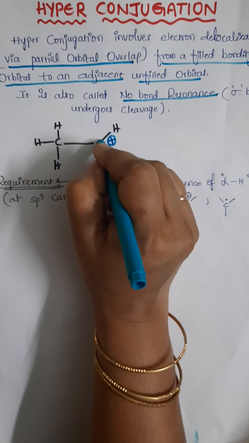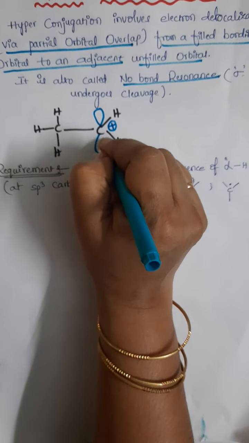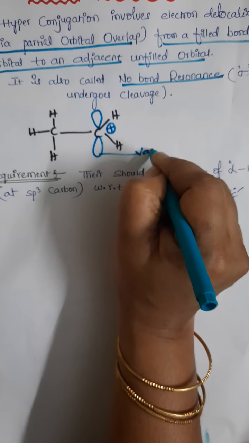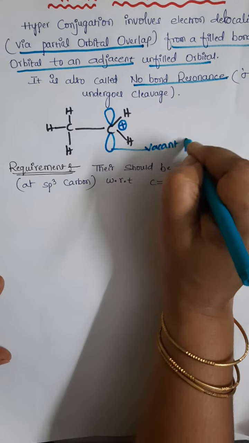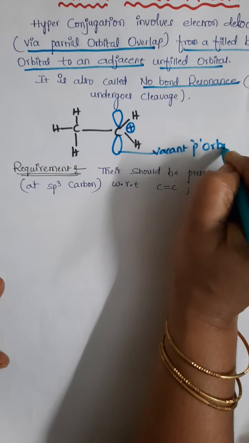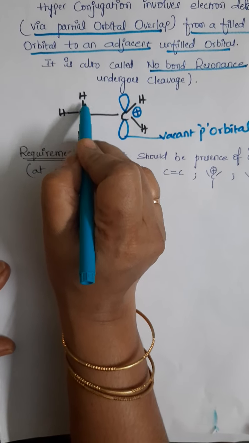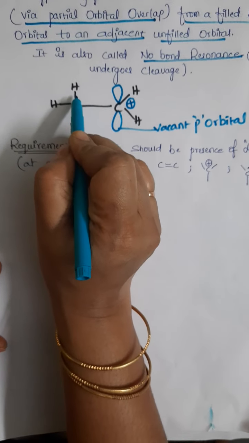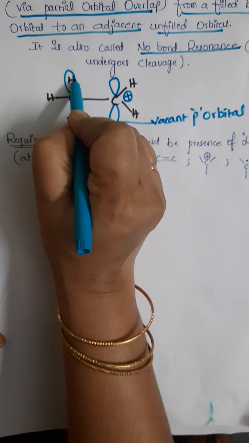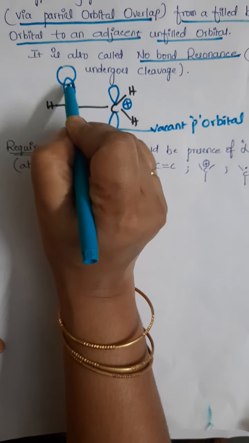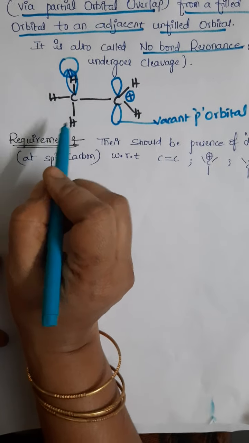Positive means sp2. sp2 means it has a vacant p orbital. Here the sigma bond is formed between the carbon and hydrogen, and it has two electrons.